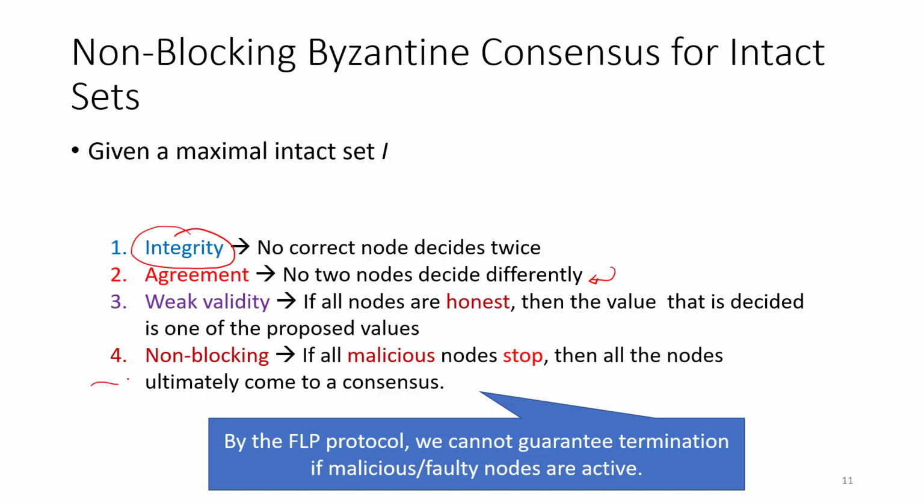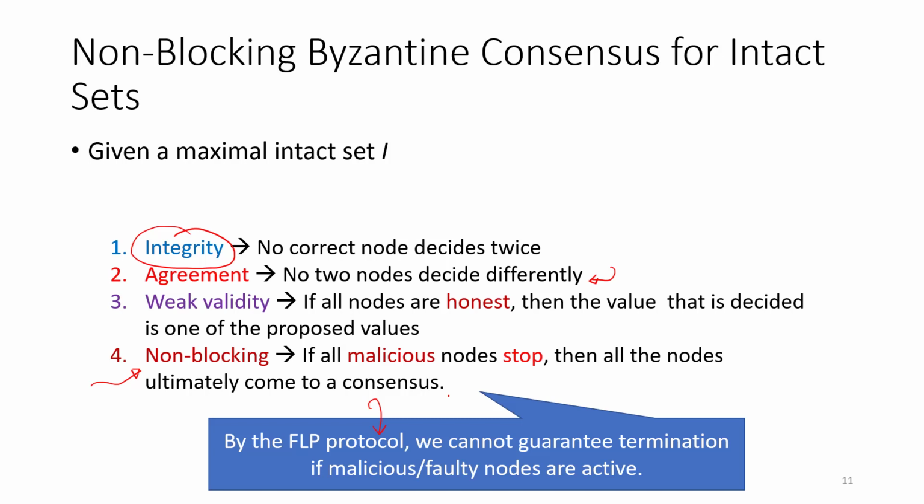What doesn't follow, but what technically makes sense, is that let's say there are no malicious nodes, or all the malicious nodes just stop. Then the protocol is guaranteed to terminate, because in this case, this will not be against the FLP result. What does the FLP result say? We cannot guarantee termination if any malicious or faulty nodes are active.